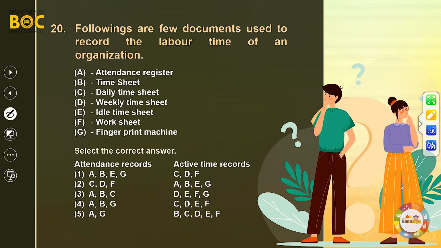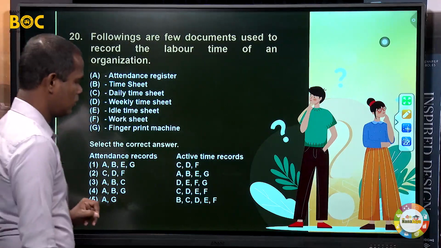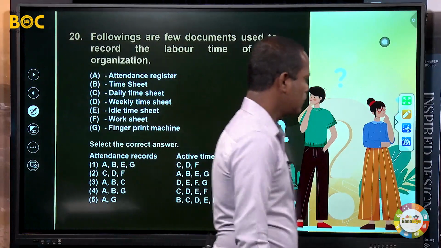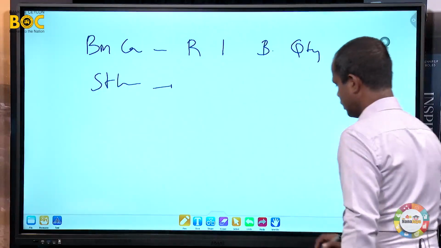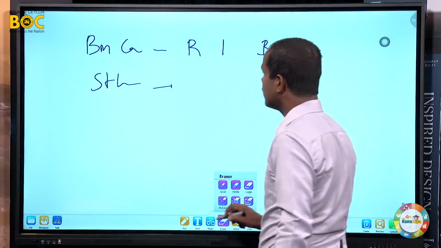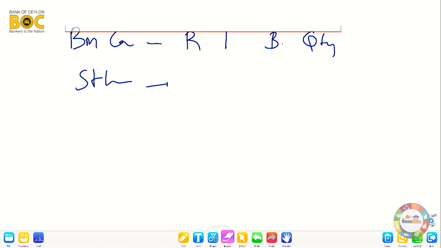The following are a few documents used to record the labor time of an organization. To record labor time, you use different records. The company will maintain 2 types of records.